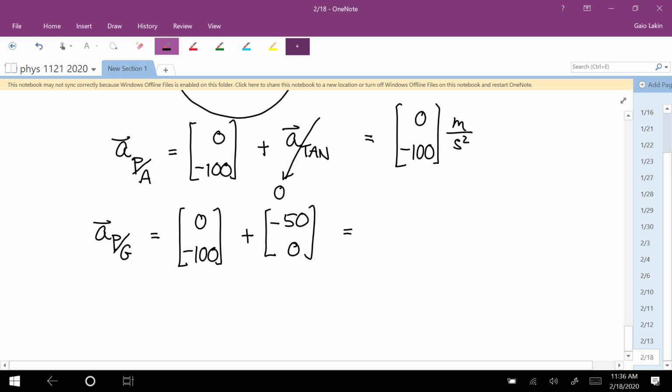So the acceleration of that point P is negative 50, negative 100. Any questions about that one?